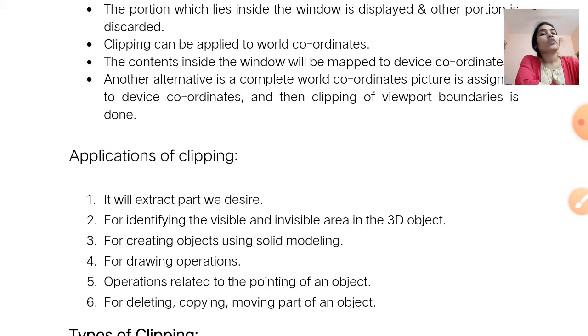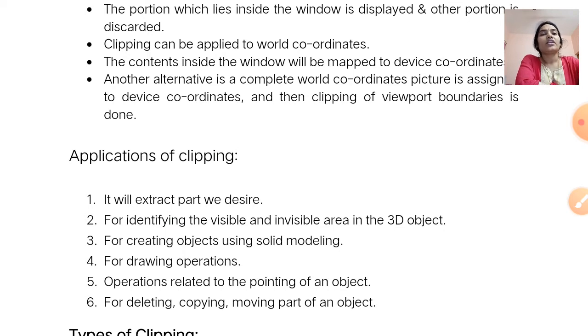For drawing operations, clipping is also used. Operations related to the pointing of an object also use clipping. Clipping is also used for deleting, copying, and moving part of an object. So in these areas we use clipping.